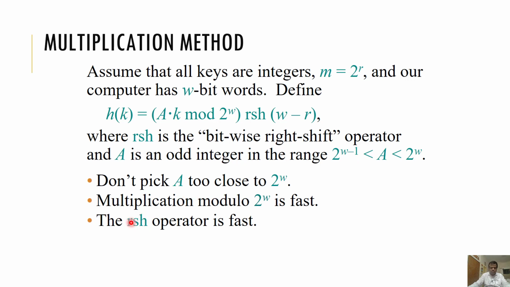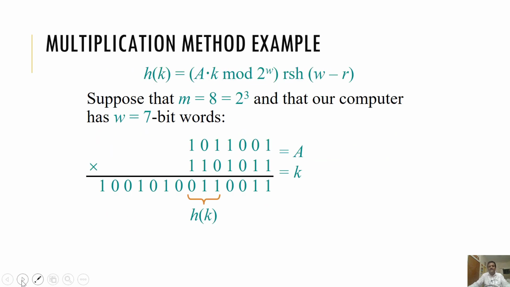We'll see this by an example. Suppose m is 8, that is 2 to the power 3. So, whatever the size of the key, we want to compress it into 3 bit. Now suppose our key is 7 bit. So, we take a key over here. This is our constant a, we choose it 7 bit. This is our w basically. Now, we multiply, and the result will be 2w bit, that means 14 bit.